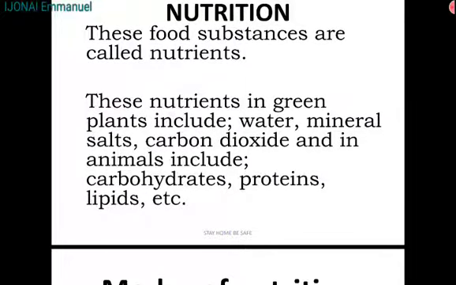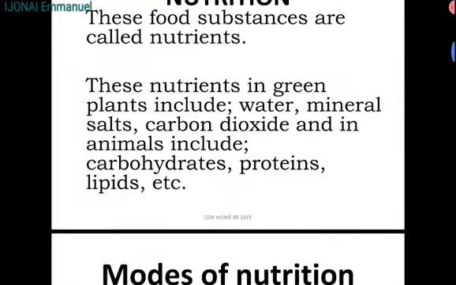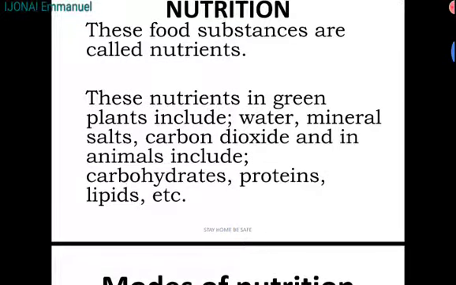So these food substances are called nutrients, and these nutrients in green plants may include water, mineral salts, carbon dioxide, and others. And then for the animals, they may include carbohydrates, proteins, lipids, vitamins, mineral ions, and others.